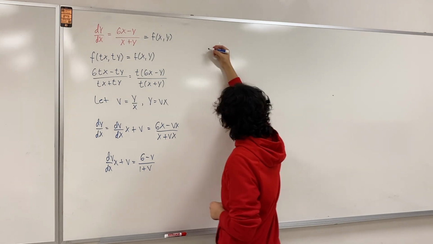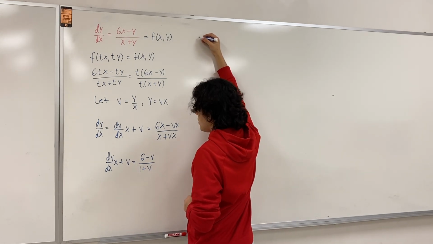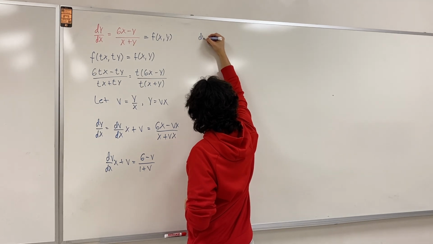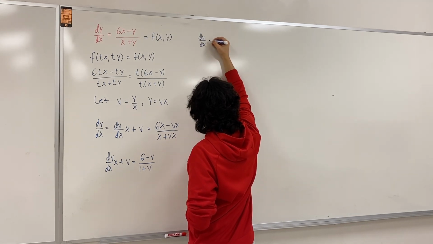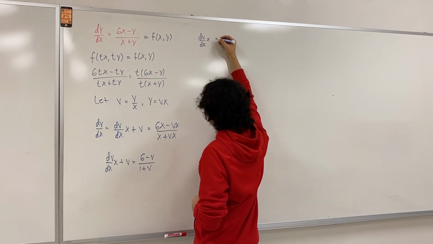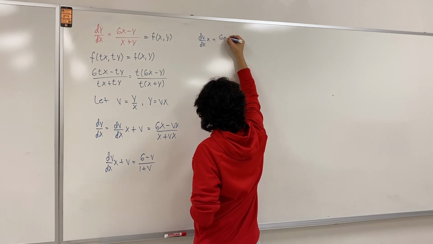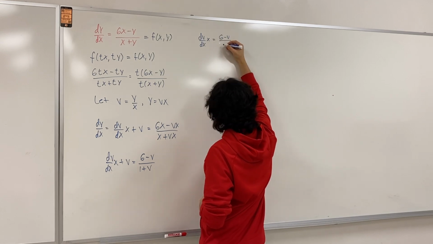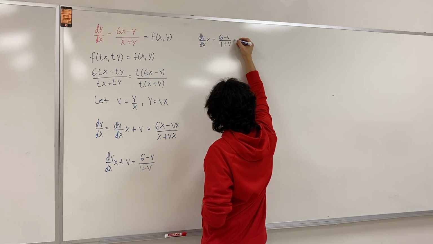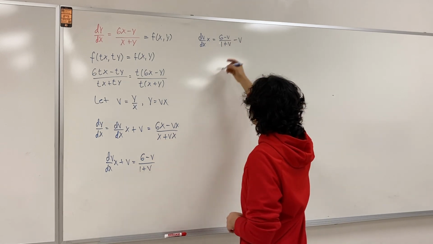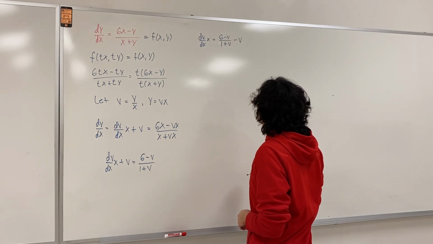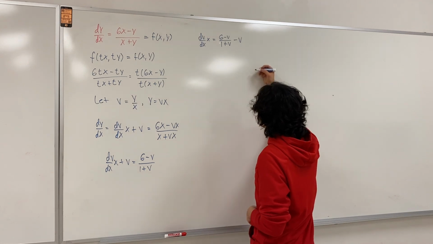So I'm gonna move v to the right hand side of the equation, and that means that we are gonna get dv/dx times x is gonna be equal to (6 minus v) divided by (1 plus v), minus v. Okay, this is what we have. And I'm going to simplify the right hand side of the equation.